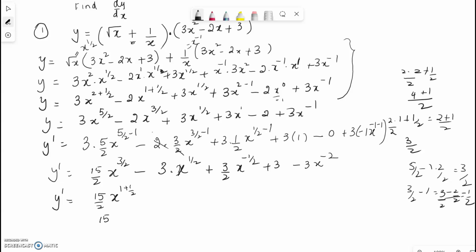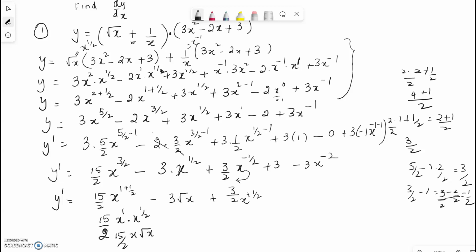So we could write this as x to the 1 times x to the half, which is the same as 15 over 2 x times radical x, minus 3 radical x, plus 3/2, and this, when it goes to the denominator, becomes x to the +1/2.